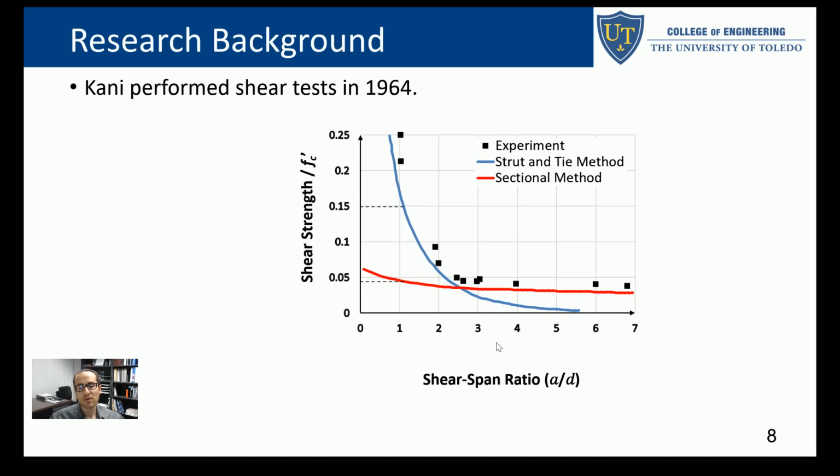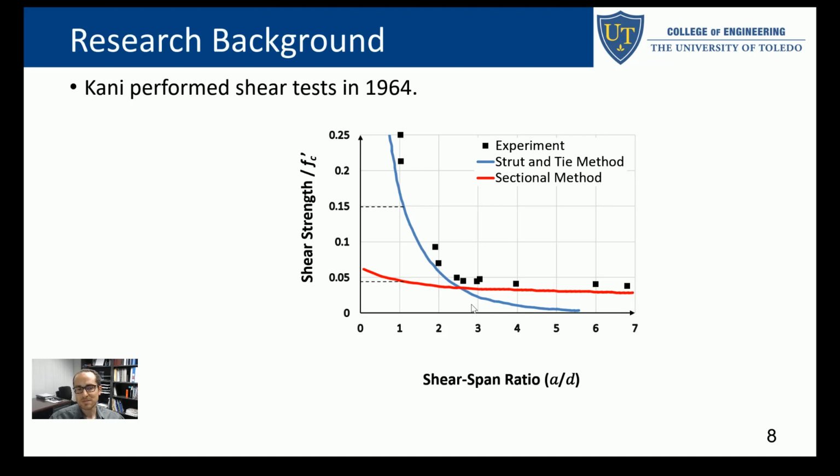So the smaller the shear span to depth ratio, the stronger the beam is in shear, right? So that pretty much answers my research question with regards to what is going on for pier caps, because pier caps are typically deep elements.